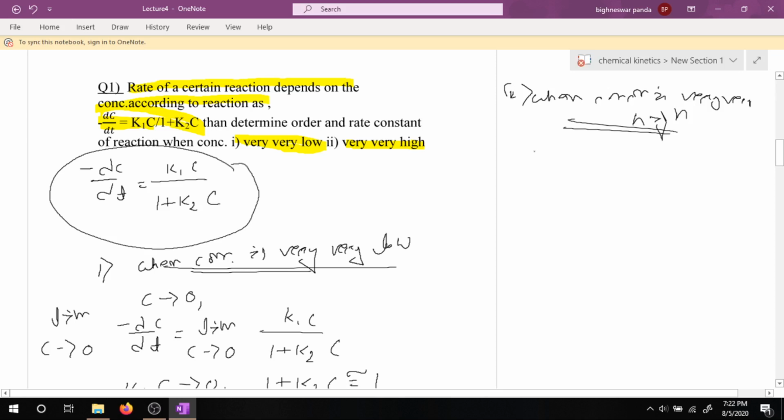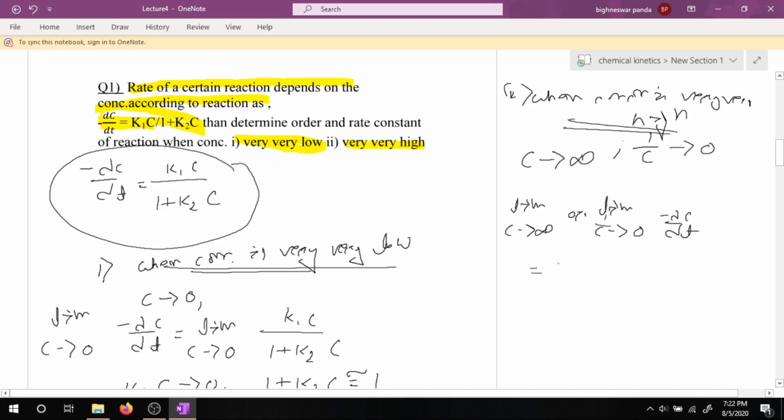When the concentration is very high, C tends to infinity, or 1 by C tends to 0. So I can put limit C tends to infinity, or limit 1 by C tends to 0, of minus dC by dt.